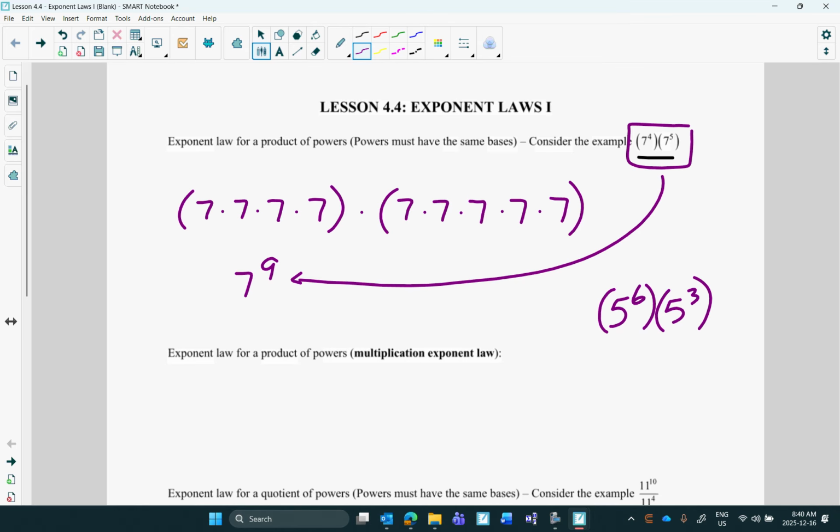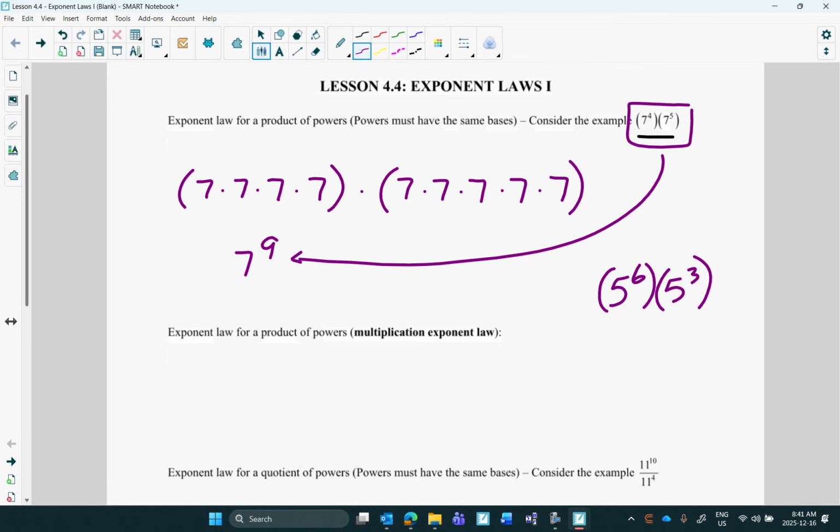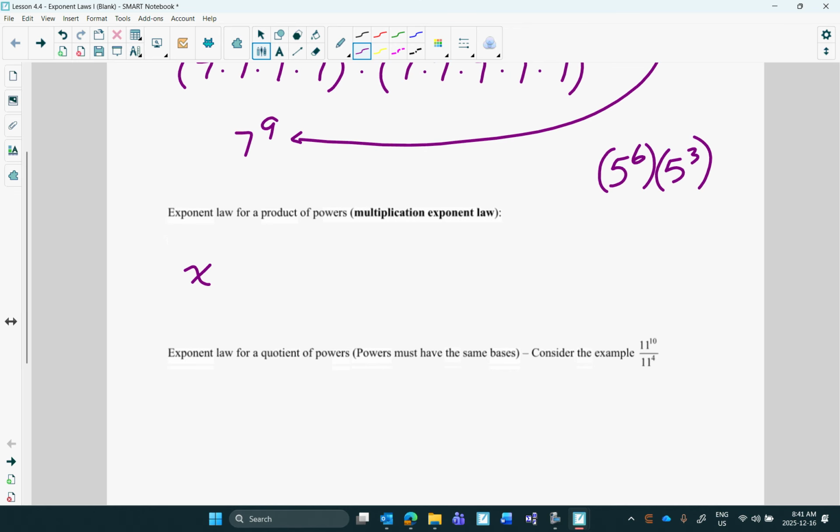If you multiply 2 powers with the same base, so if I have some number x to the m times another power with the same base x to the n, that's the same as just writing the base one time and then adding the exponents. So when we multiply powers, base stays the same, add the exponents.